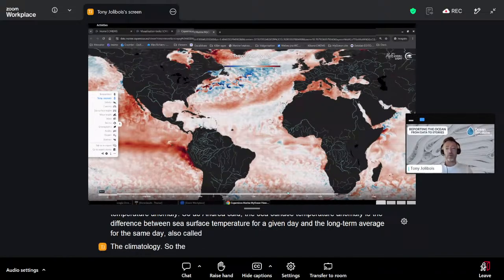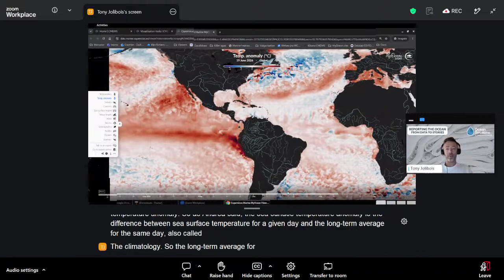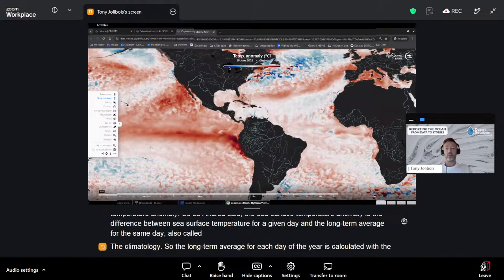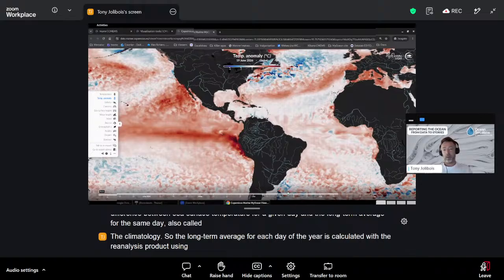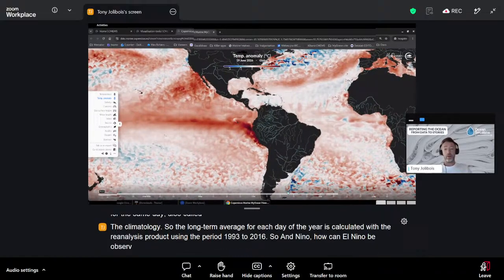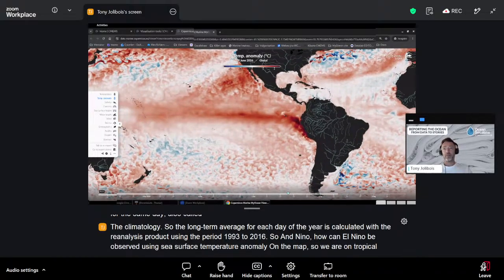The long-term average for each day of the year is calculated with the reanalysis product using the period 1993 to 2016. So El Nino, how can El Nino be observed using a sea surface temperature anomaly? On the map, we are on the tropical Pacific, okay.